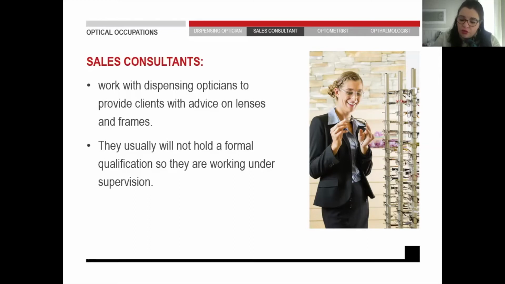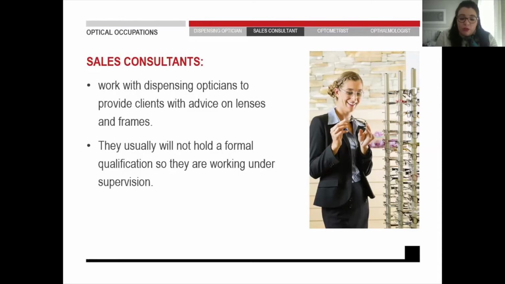When he walks into that practice, you're going to be the first person that he sees. So you need to look the part, you need to know how to do your job, and you need to understand optics. In practices where there is not an optical dispenser, you might be required to choose frames for your patients and give them optical advice.